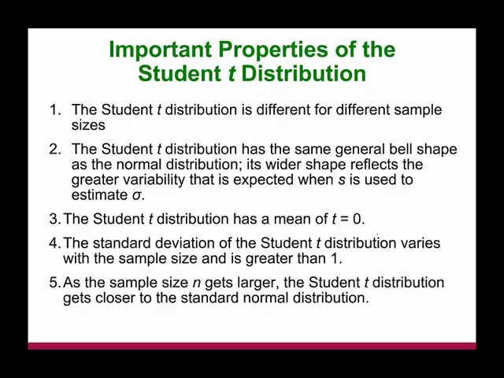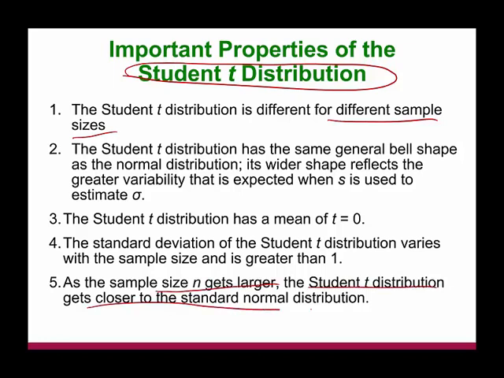Now let's review the Student t-distribution. Important properties: it is slightly different for different sample sizes. As the sample size gets larger, the Student t-distribution gets closer to the standard normal distribution. The Student t-distribution has the same general bell shape as a normal distribution. The wider shape reflects the greater variability.